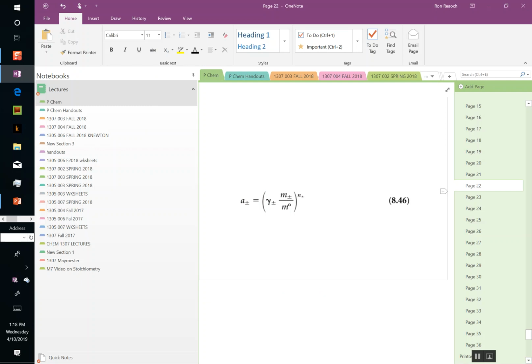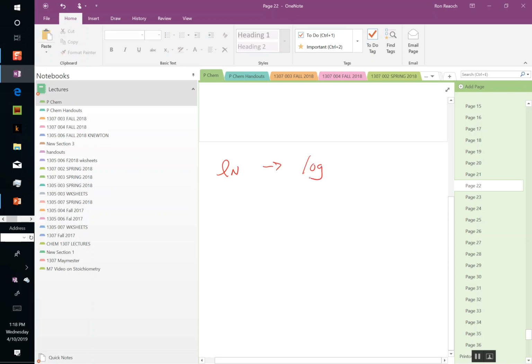Here's a good one for you. This class has introduced us to a bunch of different mathematical things. We even had one equation here where we had to go from ln to log as we looked at electrochemistry related to the pH meter.